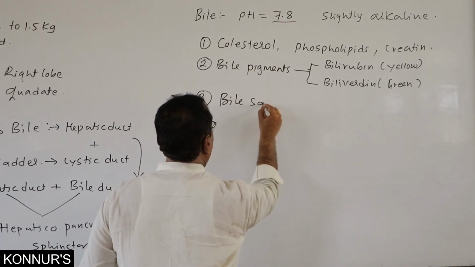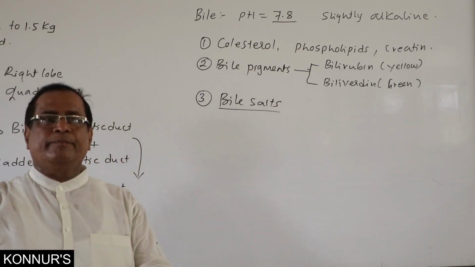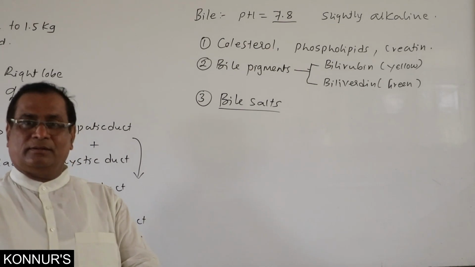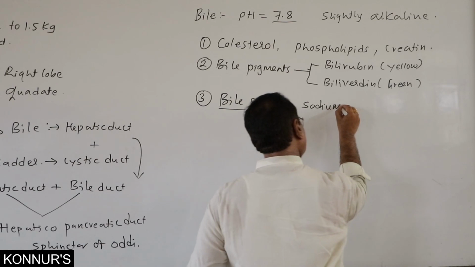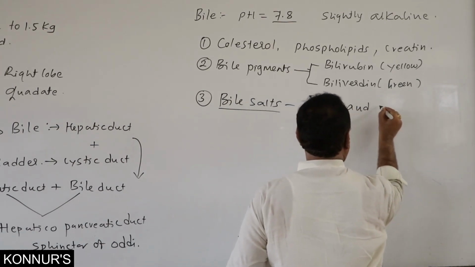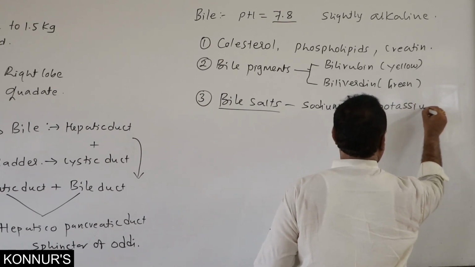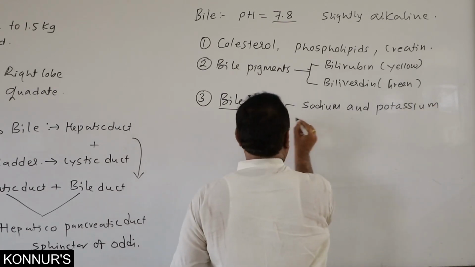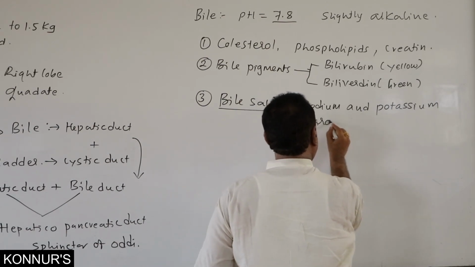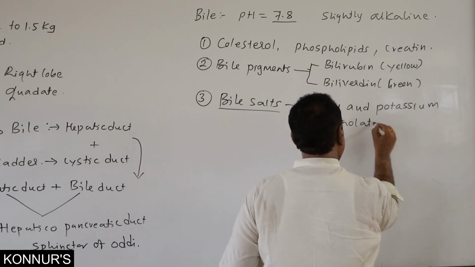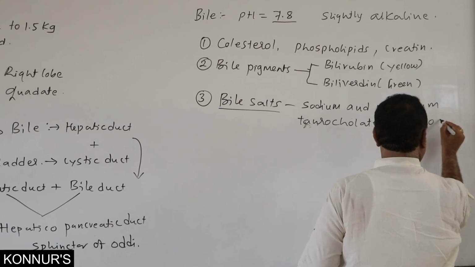And next is bile salts. Bile salts are sodium and potassium taurocholate and glycocholate.